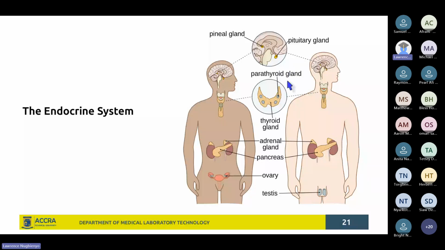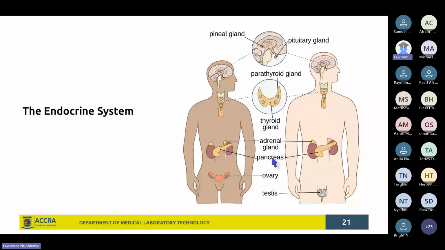And then we see the thyroid and the parathyroid glands in the neck region, also secreting some specific hormones. The adrenal gland. So you have these adrenal glands, which are at the anterior position of the kidneys, which also secrete some hormones. We have the pancreas, also secreting some hormones like insulin.